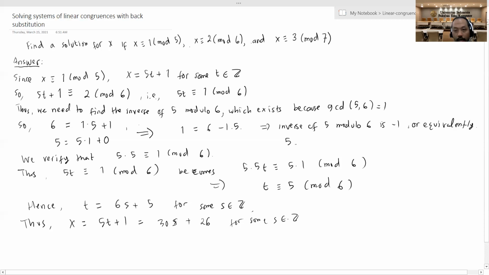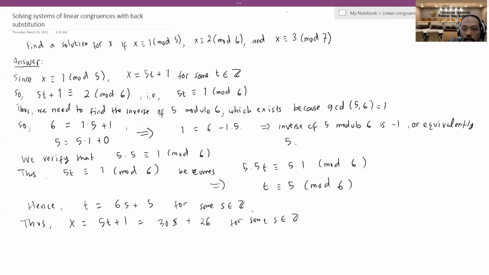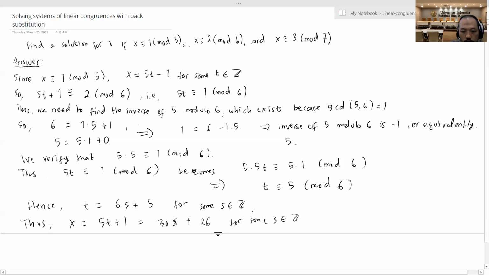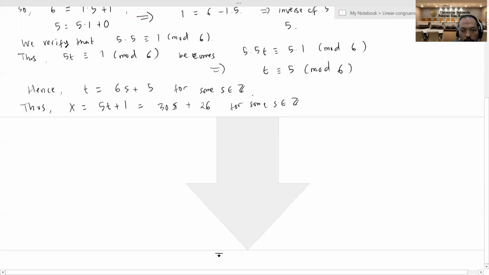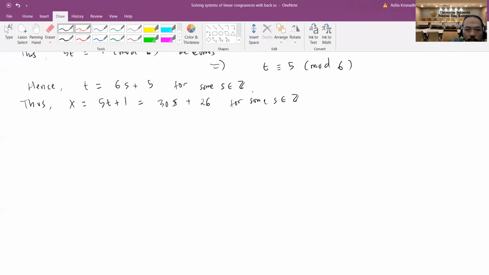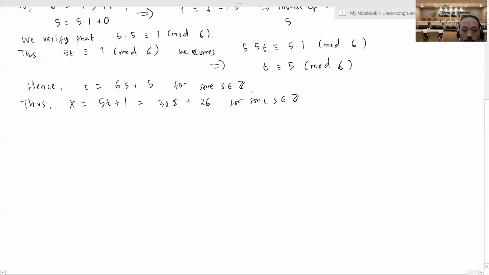Now, in the next step, we also want to take into account the third congruence. With this, we can use this expression for the third congruence.